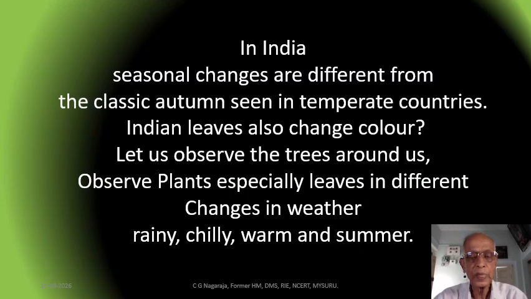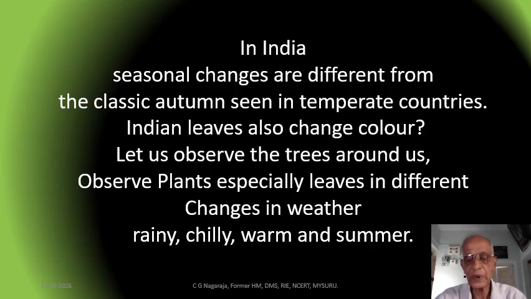In India, seasons are almost the same, but since our country does not have very cool temperature and snowfall, the color changes in the leaves are very minute. It is very difficult to observe, but we can see green leaves turn into yellow and fall down.